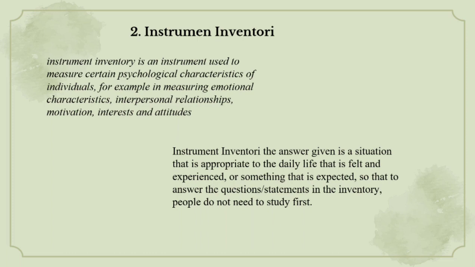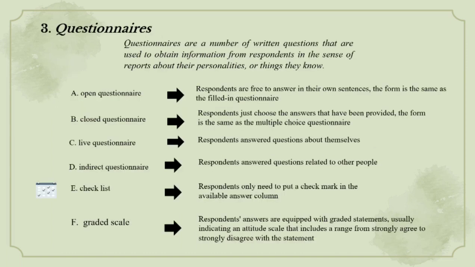And in instrument inventory, the answer given is a situation that is appropriate to the daily life that is felt and experienced or something that is expected. So for the people answering the instrument, they do not need to study the instrument first.